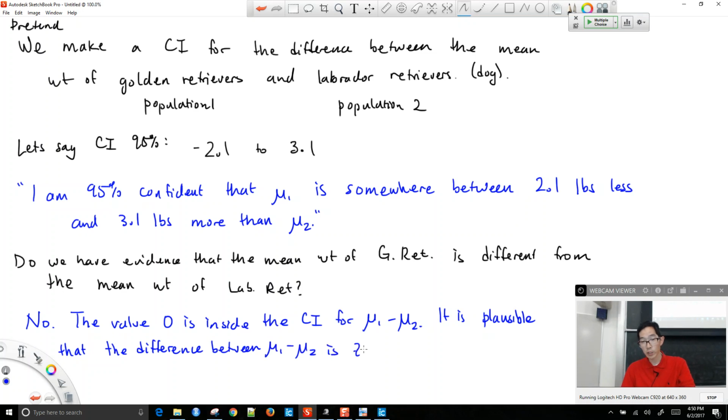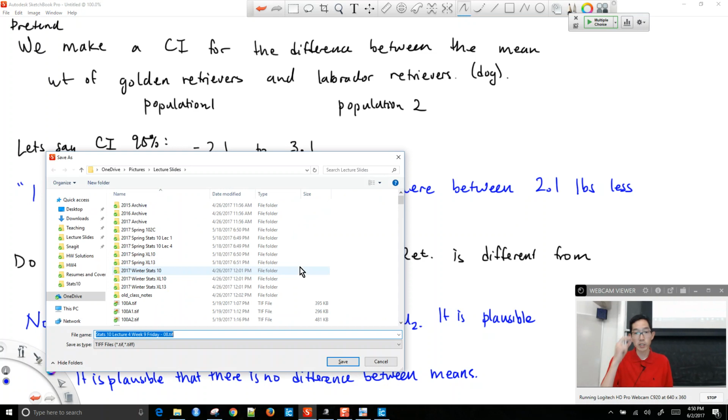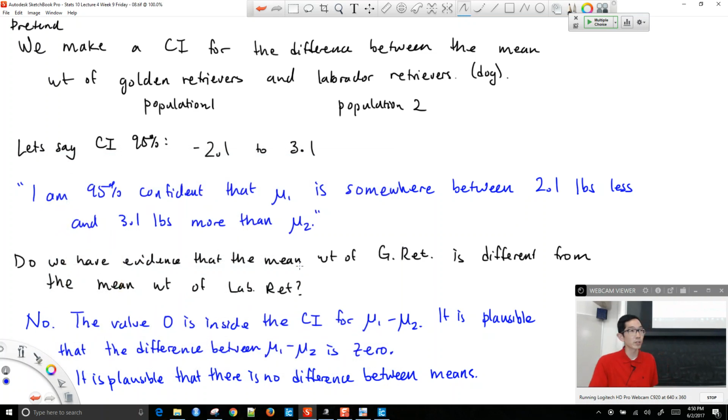Or in other words, it is plausible that there's no difference between these two means. So that means we do not have evidence that the mean weight of golden retrievers is different from the mean weight of Labrador retrievers.